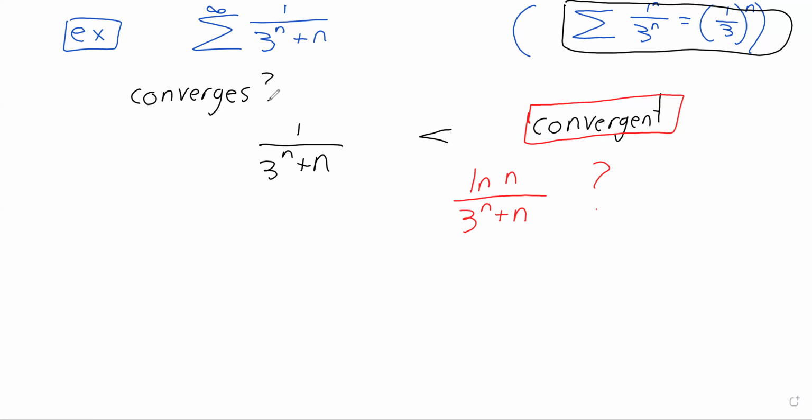We don't know whether this series converges or not. So our options, if we're trying to grow this, are to increase the top, increase 1, or decrease the bottom.